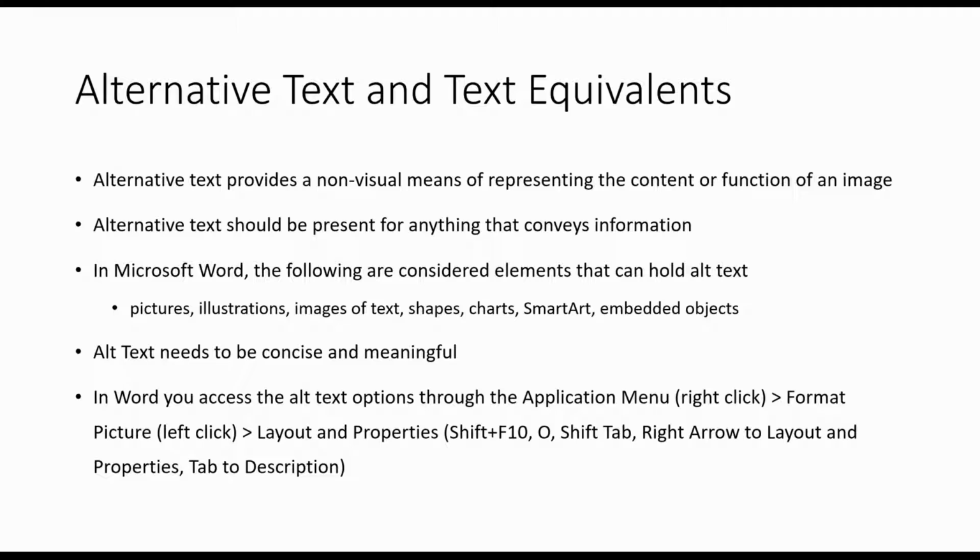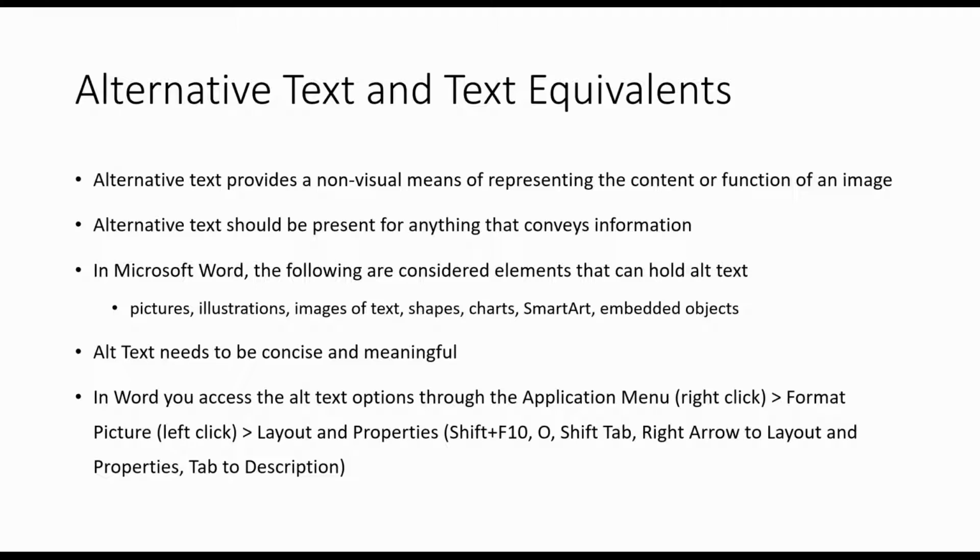The items that can hold alt text are primarily your photos and illustrations. Images of text, that's like your word art, different shapes, a triangle, square, if they're used to explain a situation, different charts, smart art, other embedded objects. Typical best practice is to try to limit things like word art, smart art, and things of the like, just because it's really difficult to explain that information with a small piece of alt text.